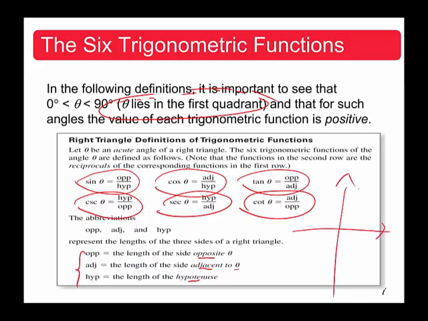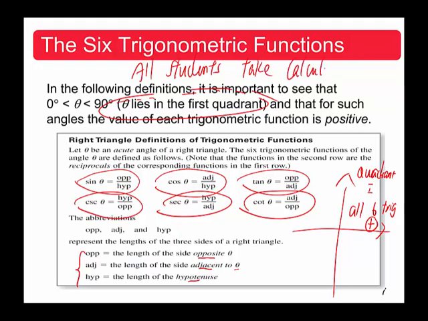I'll show you the mnemonic. In the first quadrant, quadrant number 1, all 6 trigonometric functions are positive. You can remember this mnemonic: All Students Take Calculus. First quadrant, every one of them is positive. Second quadrant, sine and then cosecant are positive. If sine is positive, then cosecant is positive.